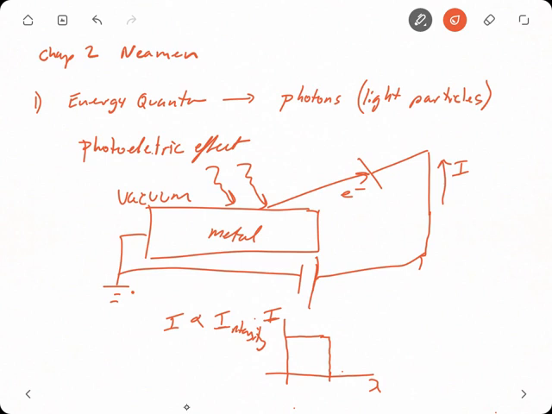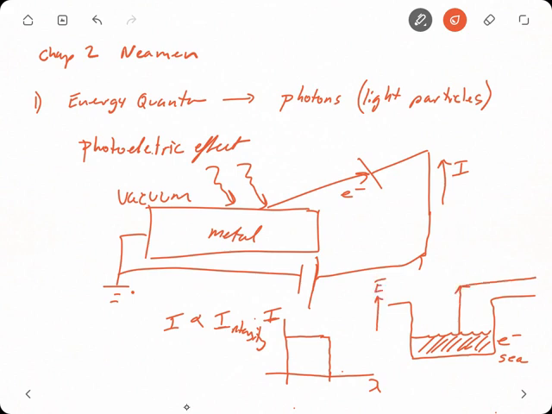And what you're really fighting against is sort of, I'll draw an analogy here. You have an electron inside the metal, and the electrons have to be given enough energy, so here's our energy axis, to make it out of the metal here. And that amount of energy is called the work function.